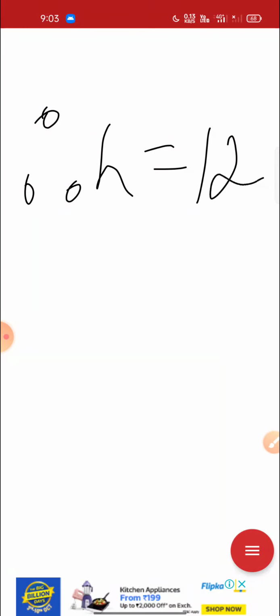So at last you will write, therefore h, small h, is equal to 12. That means the height is equal to 12. That means if one side is 13 and one on the bottom is 5, then the other side will be 12. If you get this kind of answers, that means your building is accurate.